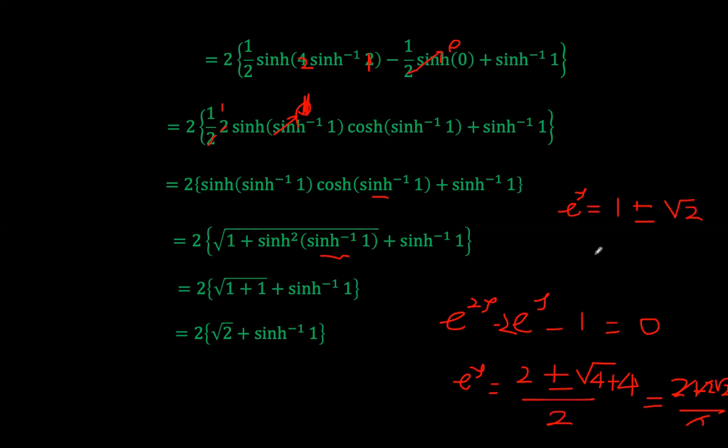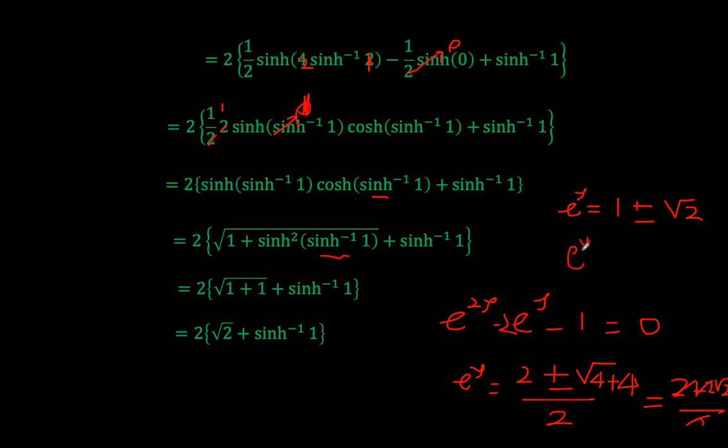Now, the minus means that this value is negative, right? But it's not possible for e to the power y to be negative unless y has an imaginary component.